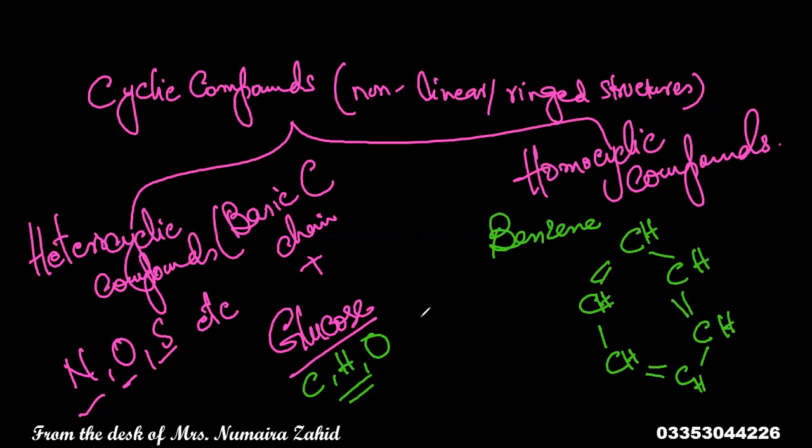The carbon chain containing this kind of structures are called heterocyclic, okay? And the carbon chain with same atoms of same elements in the ring are called homocyclic compounds.